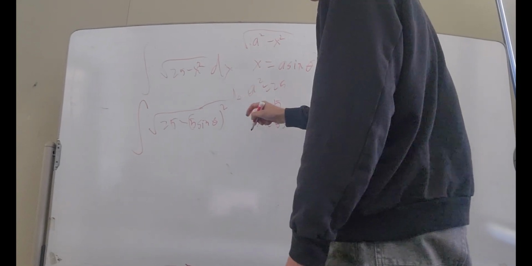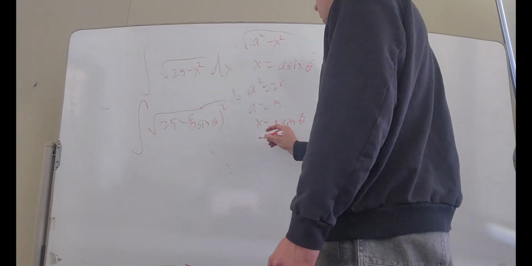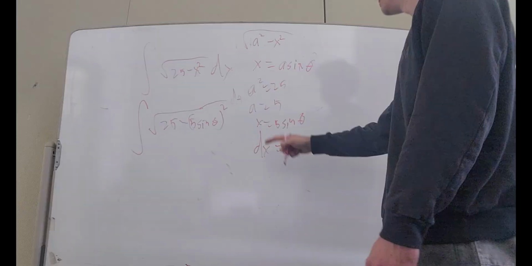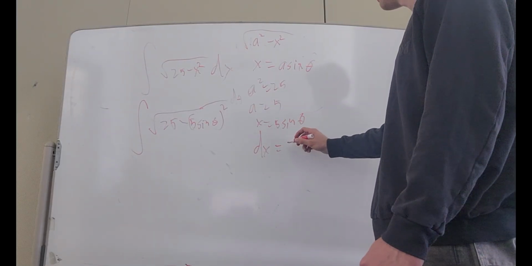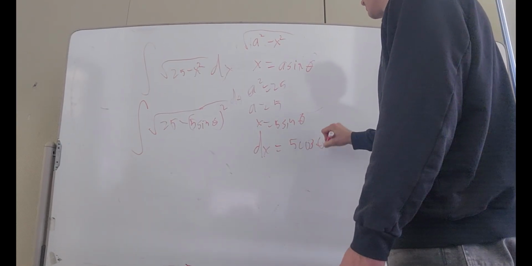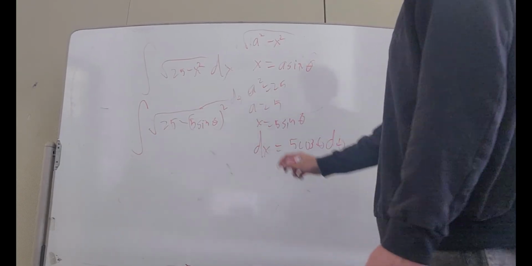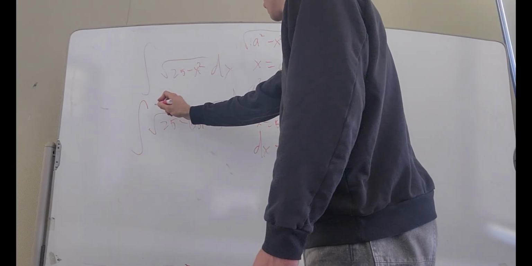In order to balance it, we have to find what our dx is. So we take the derivative of x equals 5 sine theta, and that would be just 5 cosine theta d theta.